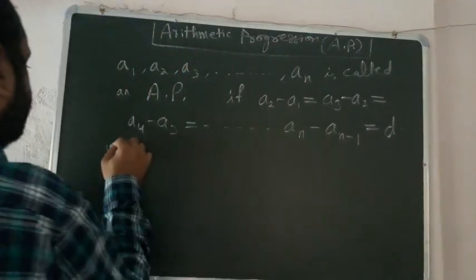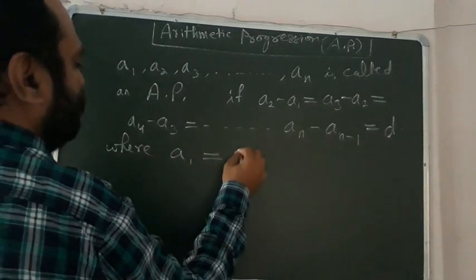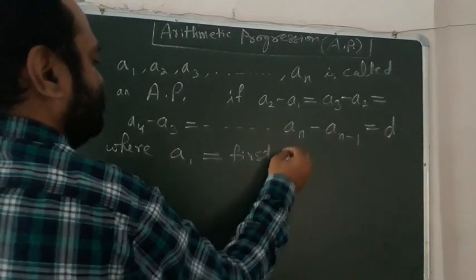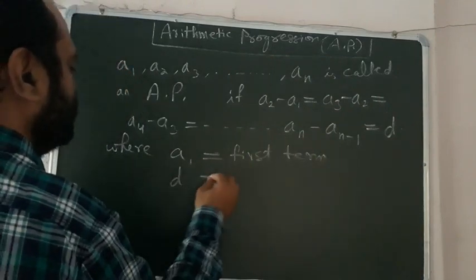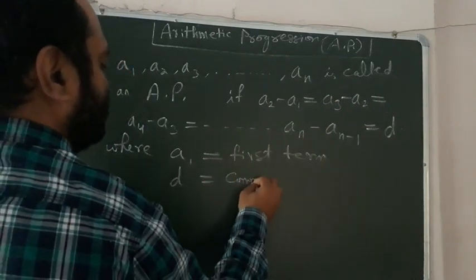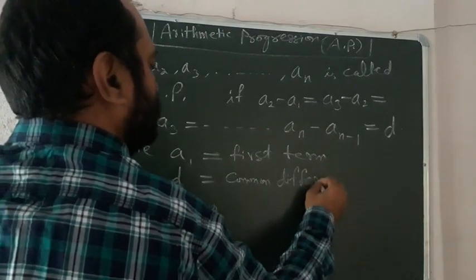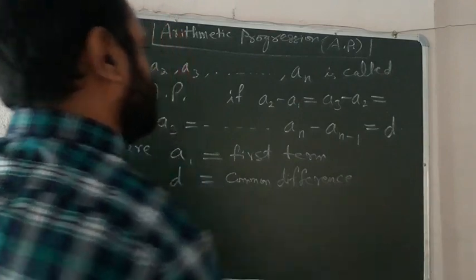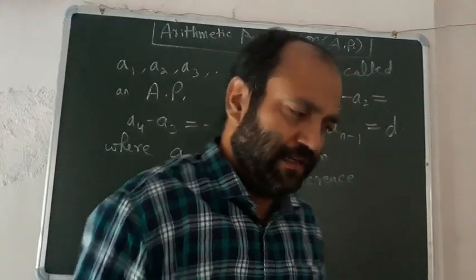Where a1 is the first term and d is the common difference, as you have studied in your previous class, right?